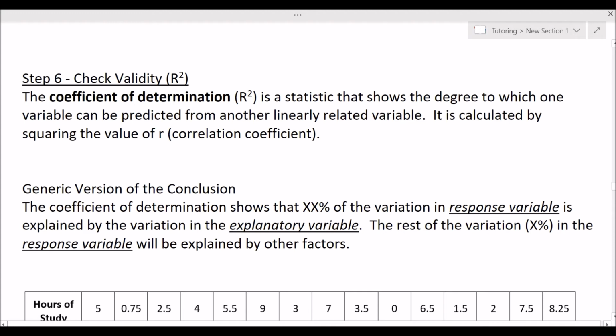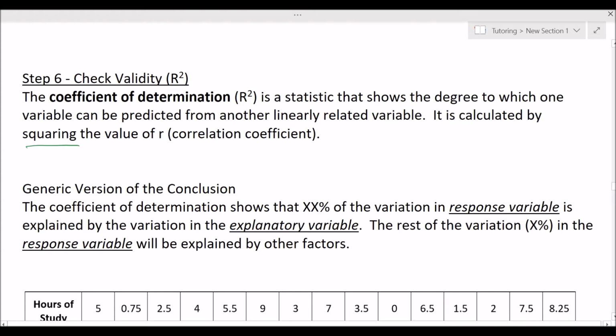This is a statistic that shows the degree to which one variable can be predicted from another variable that is related, and it is calculated by squaring the value of r, the correlation coefficient. So it makes sense that the stronger a relationship is, the more you can have a valid prediction from the explanatory variable to the response variable.